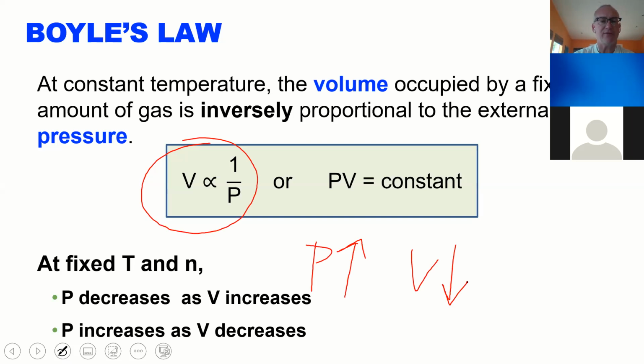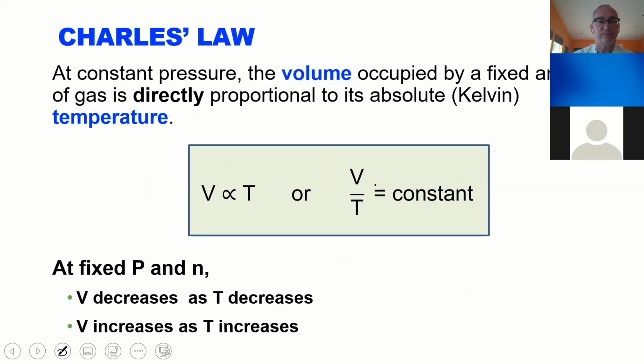And so if we have an inverse relationship, if we multiply them together, we should get a constant. And the constant will become really important when we talk about gas laws. We'll get to how we derive the constant in a minute. So that was Boyle's law.